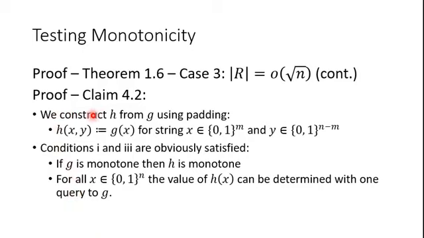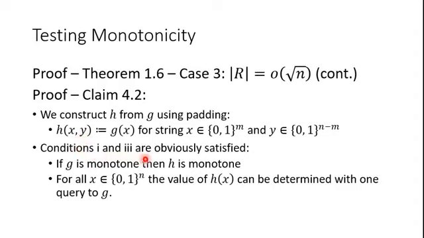So to prove claim 4.2 before we can use it in our reduction, we will construct h from g using padding. So we will define h of xy to be g of x for strings x in {0,1}^m, where x is m bits, and y in {0,1}^(n-m), meaning the remaining bits will be y.